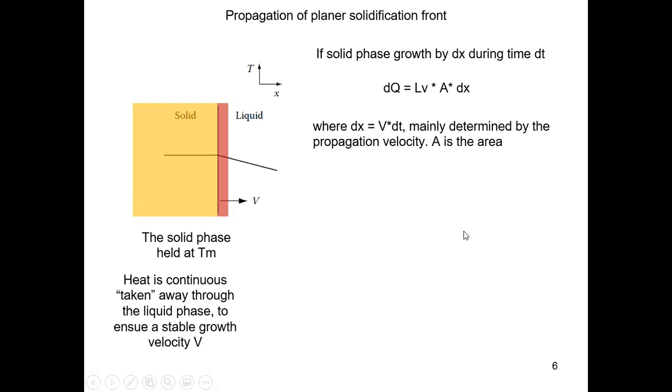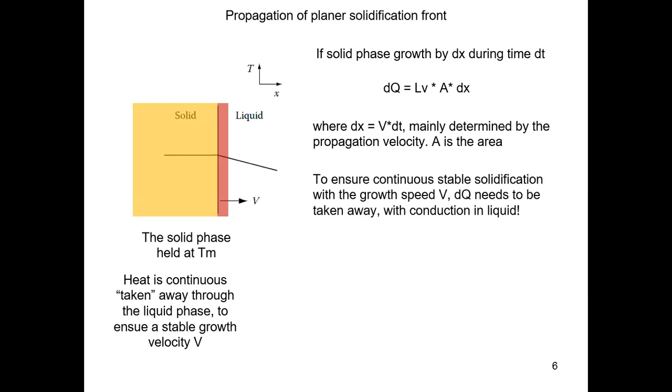Okay, so this is the heat generated as we already analyzed, but we also mentioned the heat has to be taken away, right? And what is the mechanism that we can use to take the heat away? Convection. Conduction, right?